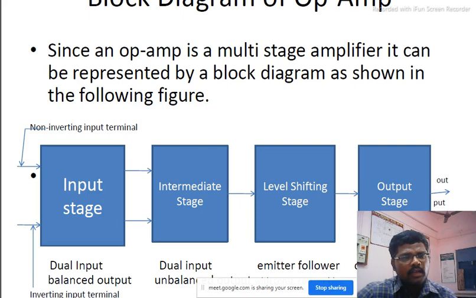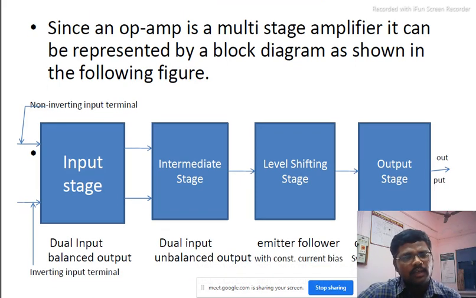Here this block diagram represents three types of blocks: one is the input device or input stage, these two are called the processing, and this is called the output stage.